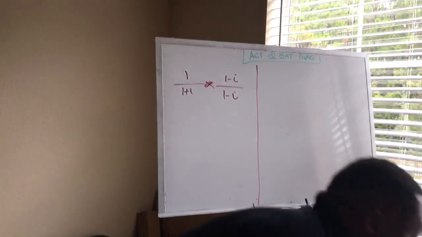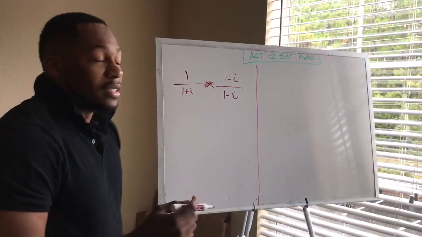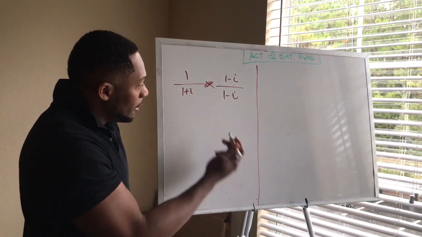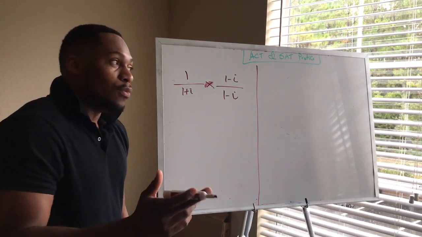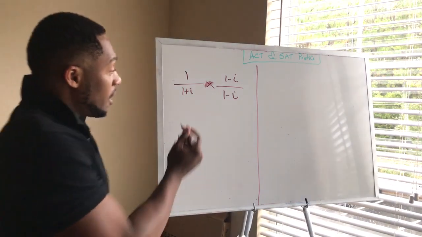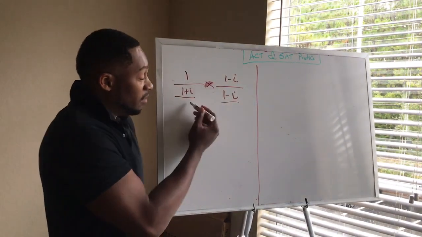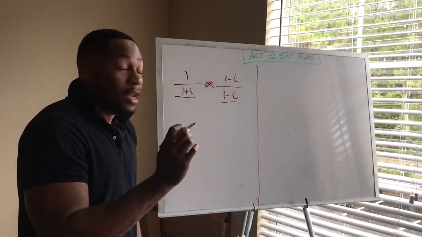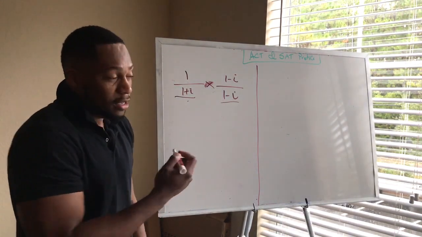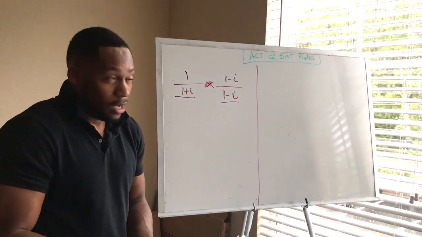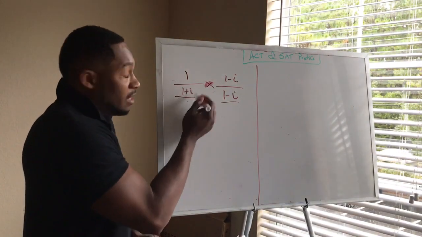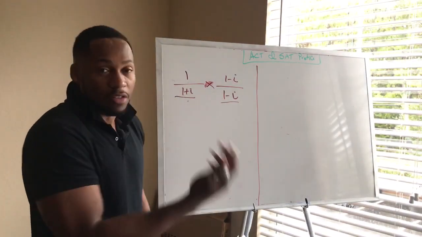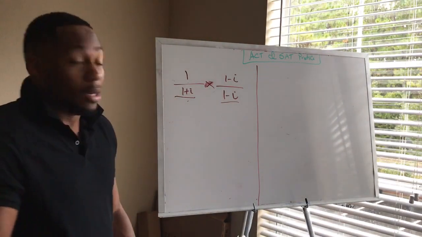The way we're going to think about this problem is that what they want us to do is multiply by the complex conjugate of the denominator, so we can have a number in the denominator. Usually when you have complex numbers, they want a number in the denominator. The way you accomplish that is to multiply by the conjugate of the denominator, and you'll end up with a number. So that's what we're going to do here.